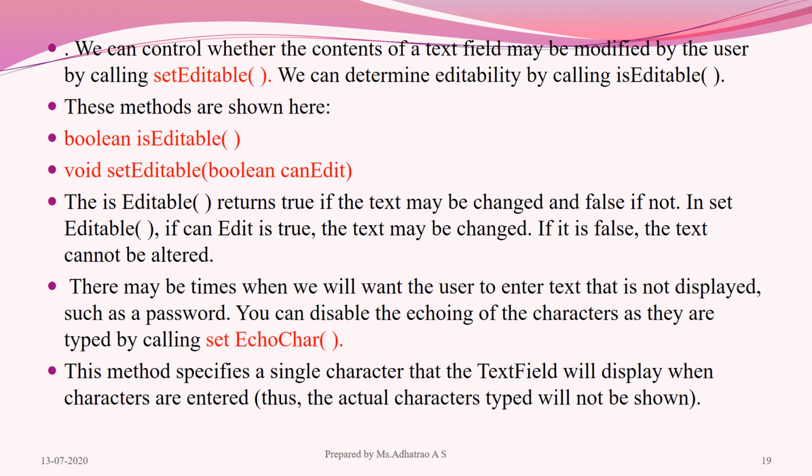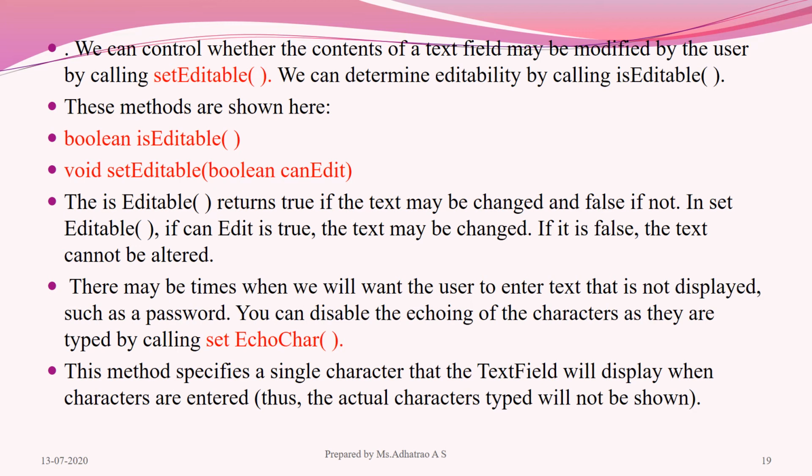There may be times when we will want the user to enter text that is not displayed, such as a password. You can disable the echoing of the characters as they are typed by calling setEchoChar.